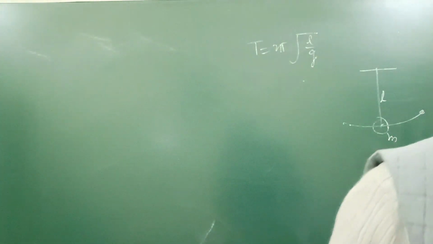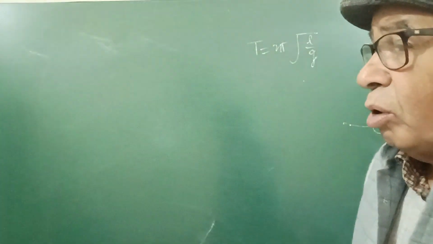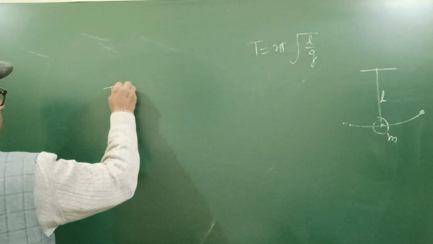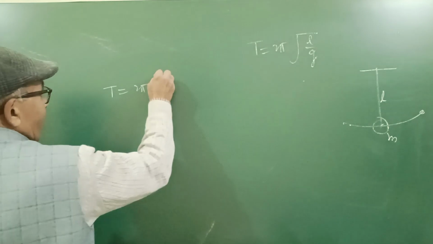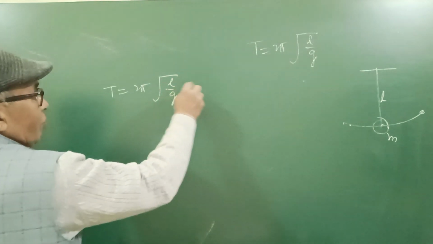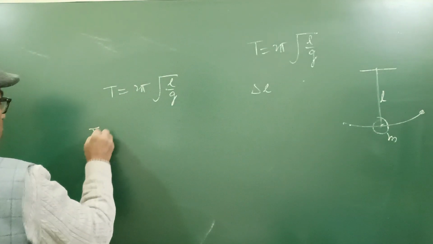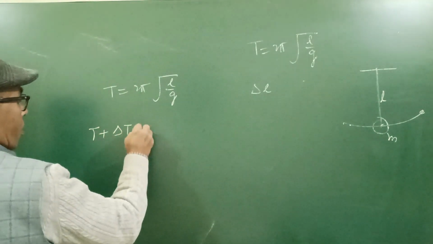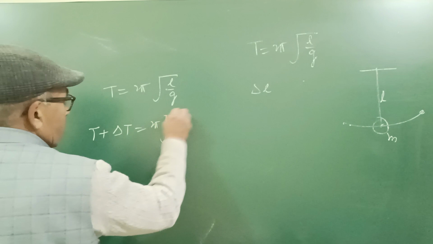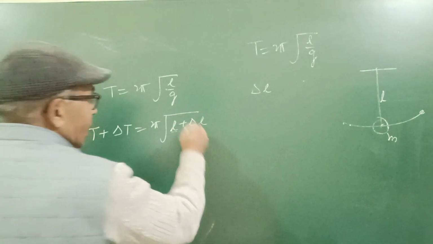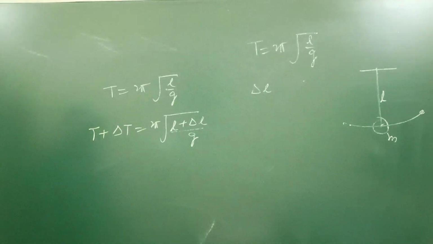So this is the question. I have solved it simply for length, but time equals 2 pi under root L by G. If we increase length by delta L, the time period will increase, so T plus delta T is 2 pi under root L plus delta L upon G. I am telling the technique so that you can solve.